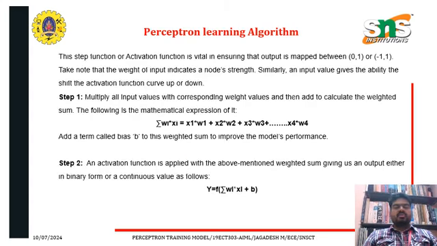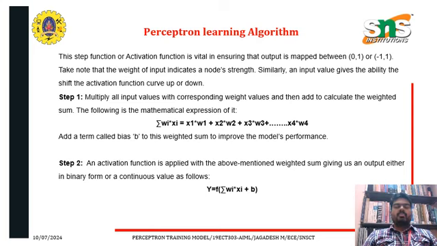This step function or activation function is vital in ensuring that the output is mapped between 0 and 1 or minus 1 and 1. Take note that the weight of the input indicates a node's strength. Similarly, the bias value gives the ability to shift the activation function curve up or down.